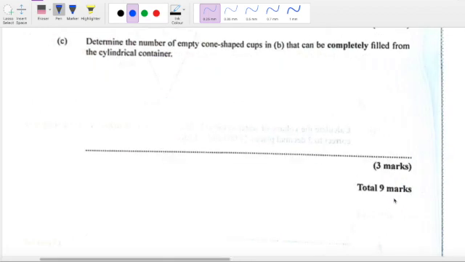Determine the number of empty cone cups in B that can be completely filled from the cylindrical container.